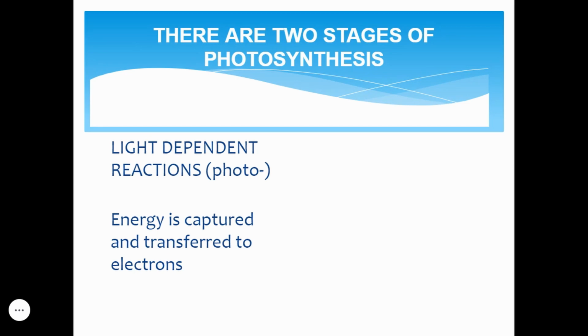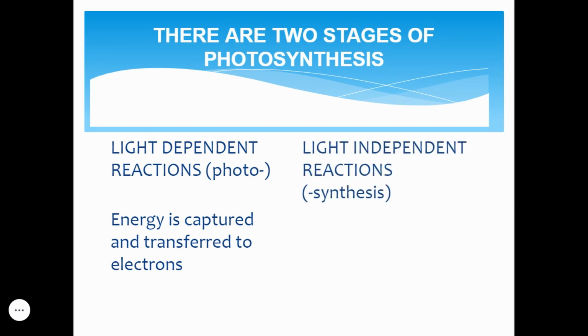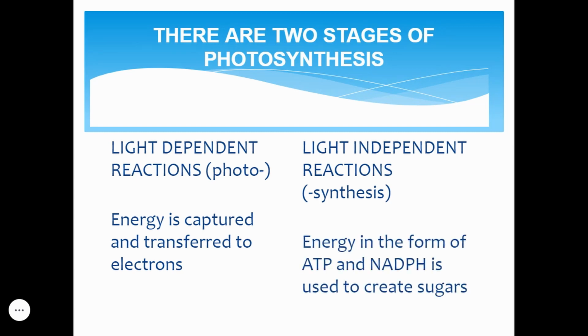In this part of photosynthesis, energy is captured from the sun and it's transferred to electrons. And then we have the light-independent reactions, or the synthesis part, because synthesis means to make, and we're actually making something here. We are taking energy in the form of ATP and NADPH, and we are going to make sugars.